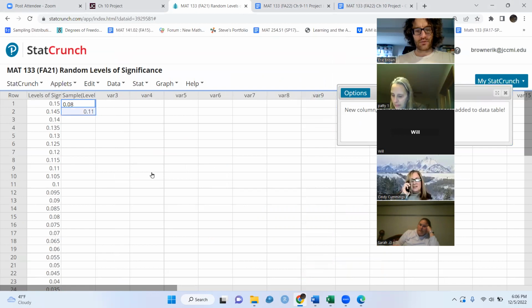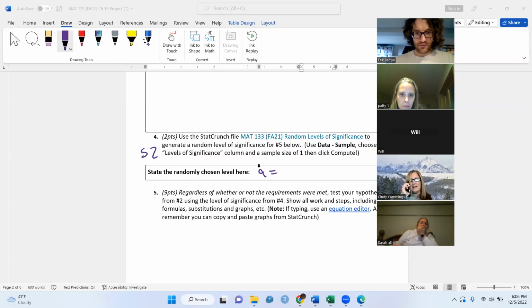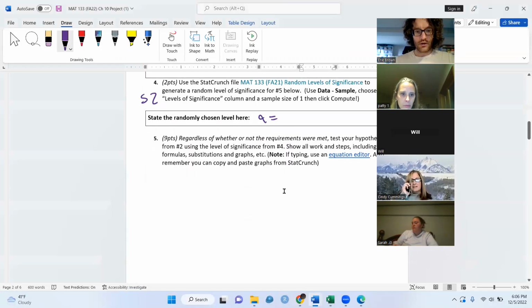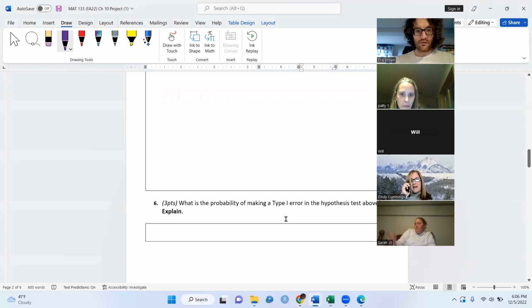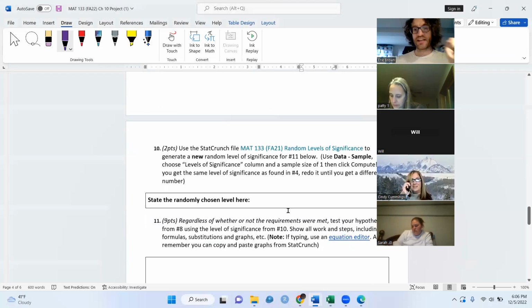And here's your two levels, your two alphas. So for me, that would be my alpha for number 4, and then again for number 10. And then all the rest is just do 2 hypothesis tests. One for the Skittles, one for the M&Ms.